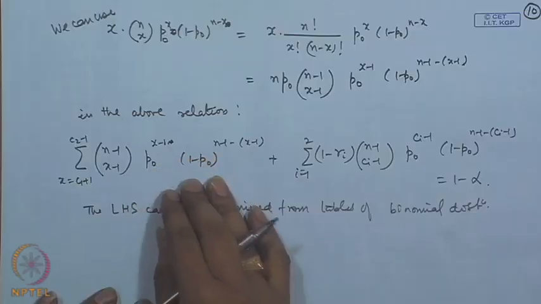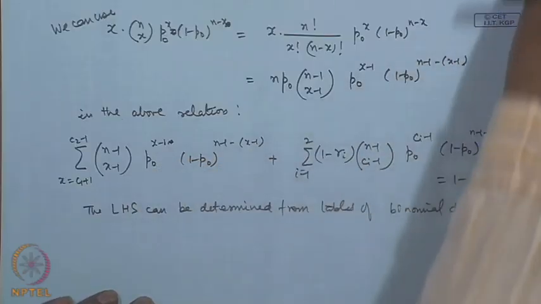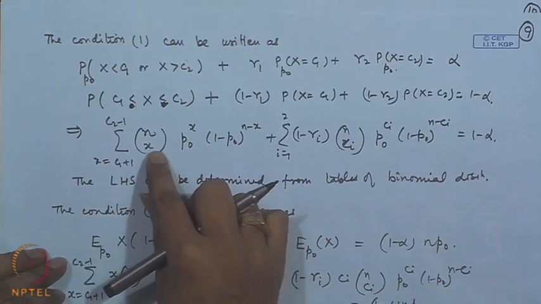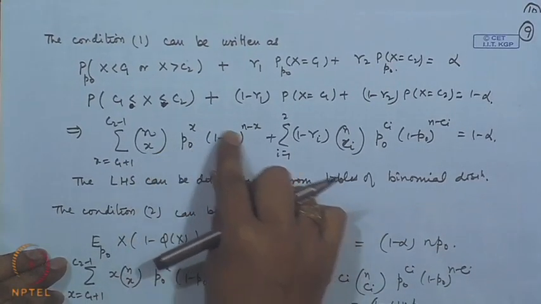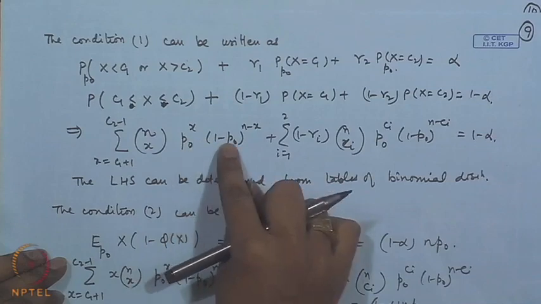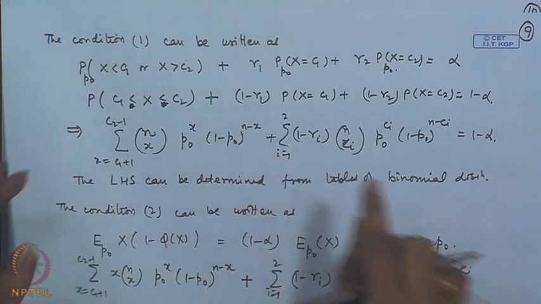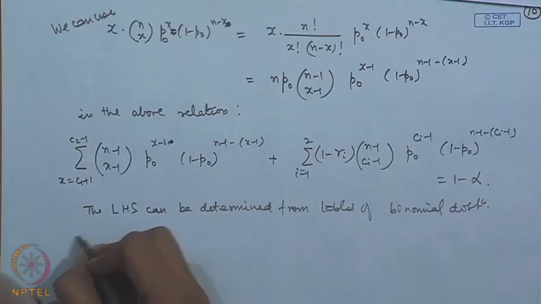So, for example, suppose I say p naught is equal to half. If I take p naught is equal to half, then these conditions become extremely simple. Let me just show you here. If I take say p naught is equal to half, then this is becoming simply half to the power n. Let me just demonstrate.